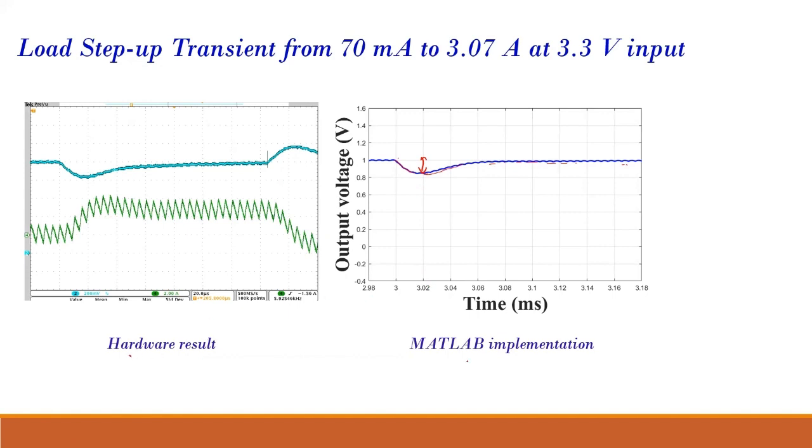So this is the hardware result and this is the MATLAB simulation, and they closely match. Your load current is changing from 70 milliampere to 3.07 ampere at 3.3 volt input. So how did we come up with these magical numbers? In one case your R load was 13.5 ohm.